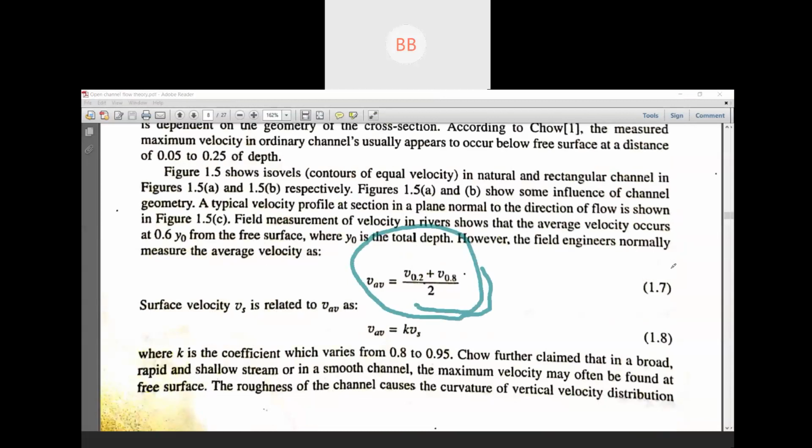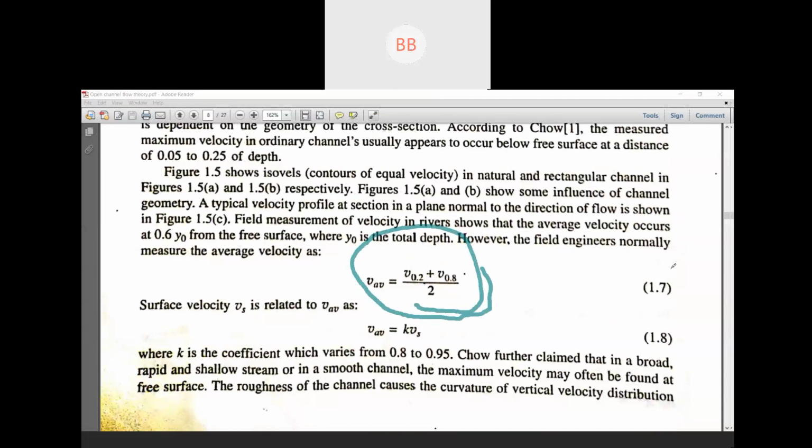So what happened at the beginning of this year, when we were doing a project with your 8th semester students, they needed to find the velocity in the Kulsi river, and we didn't have that instrument called a current meter.